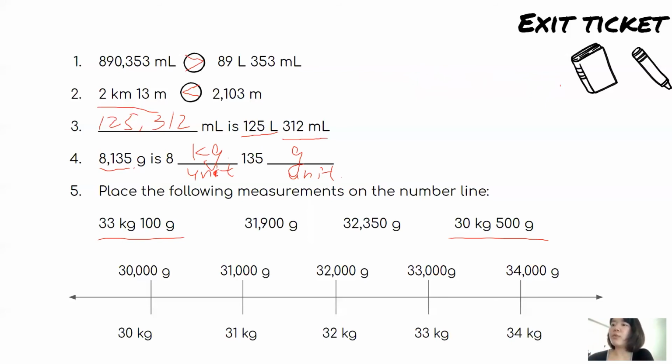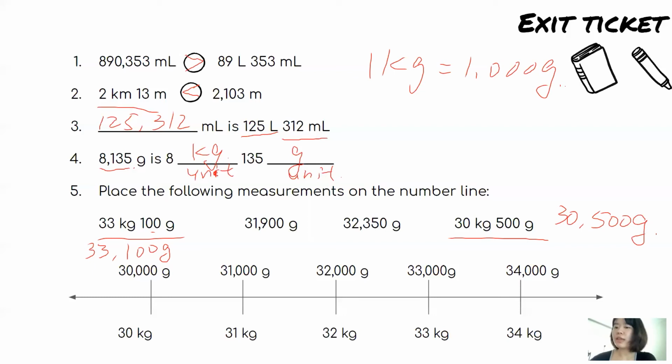We already know 1 kilogram is equal to 1,000 grams. And since we have 33 kilograms, we have 33,000 and 100 grams for the first number. And for this one, we have 30,500 grams.